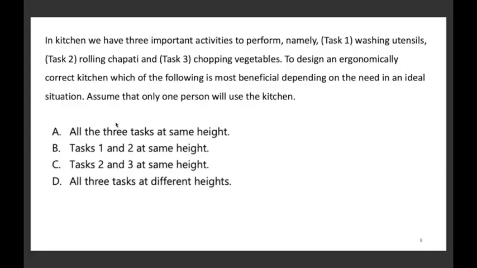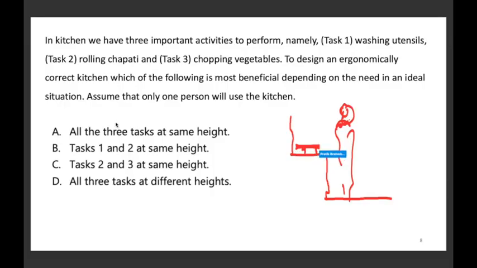So when I look at the kitchen's cross section, what you will observe, if someone is using it, is that for the rolling pin, to roll the chapati, there has to be something on top, which means its height will be different.